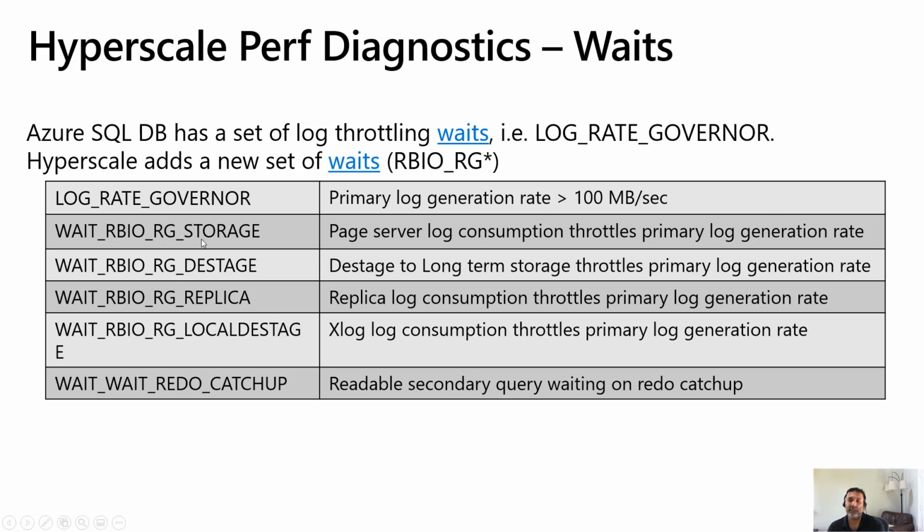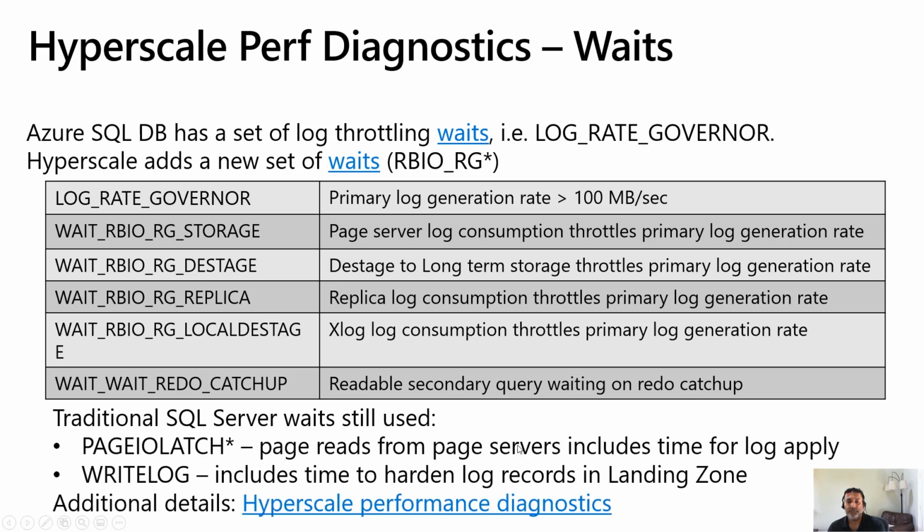So in this case it's the page server, in this case it's the replica, in this case it's destaging log to XStore, right? Then from a waits and queues mechanism, other SQL Server waits are still used, whether it's page IO latch or write log.